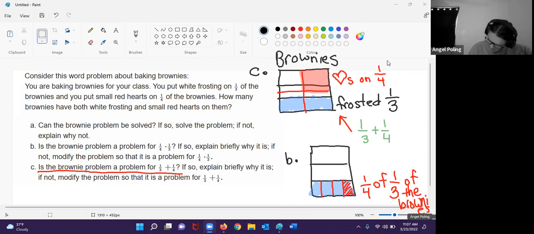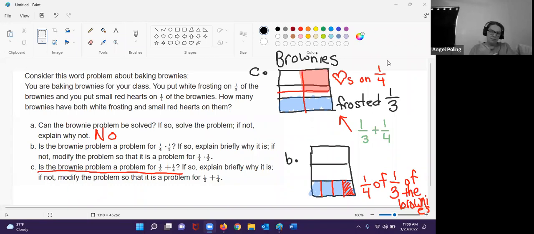Okay, so can the brownie problem be solved? No. Explain, if not, explain why not. The reason is because we don't know if there's any overlap or not. We need that to be clarified for us.